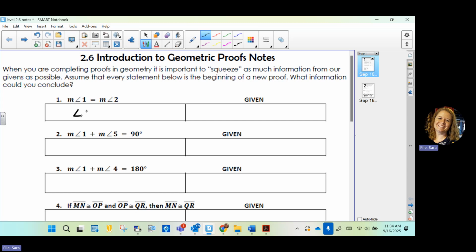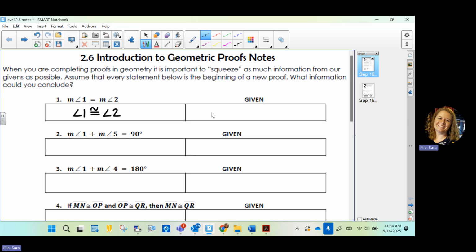And when you're writing a congruence, you don't have to write the little m, the measure. You write the measure when you're saying equal. You just write the angle names when you're saying congruent. So if the measure of angle 1 is equal to the measure of angle 2, then angle 1 is congruent to angle 2.